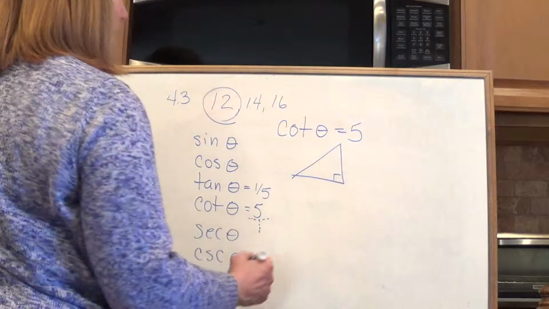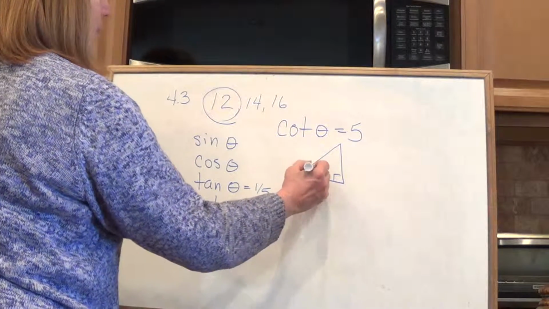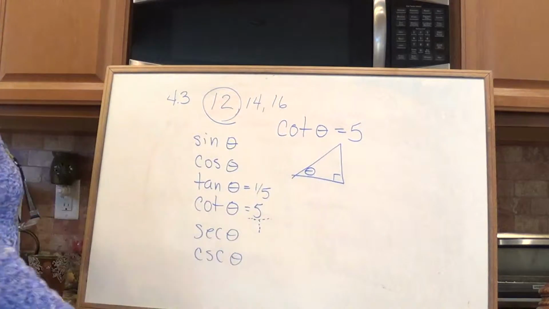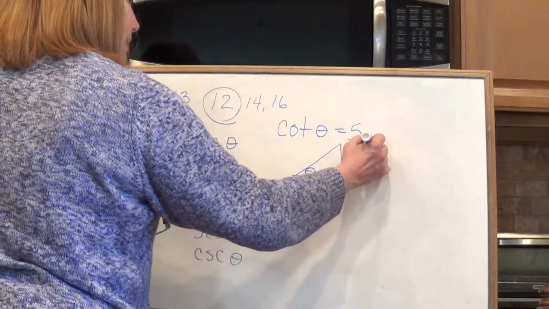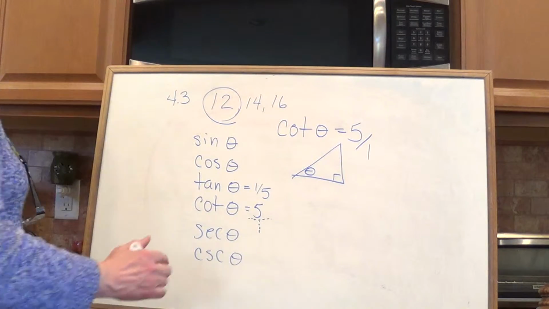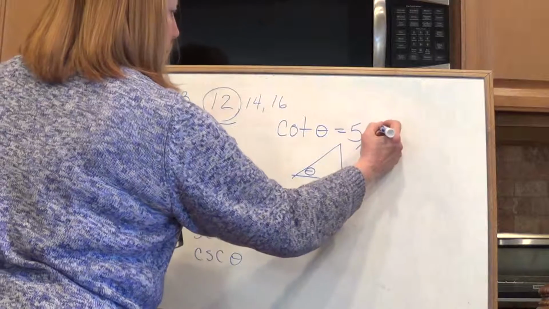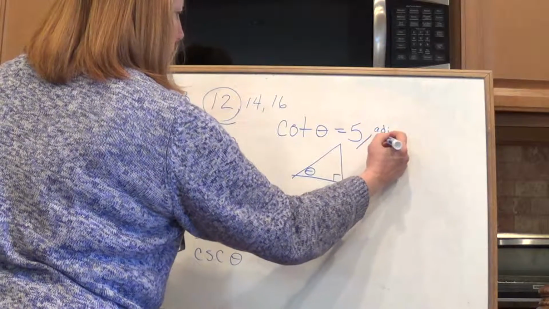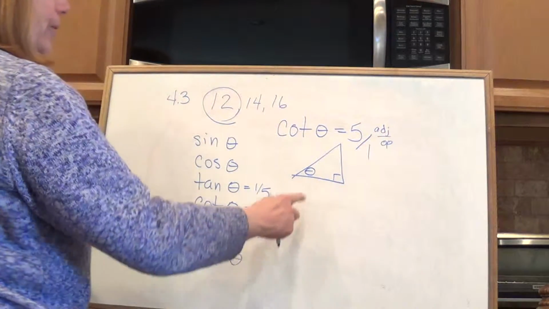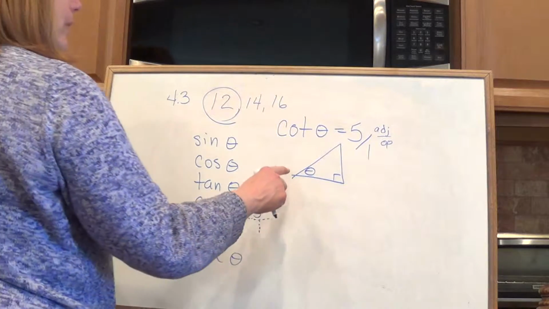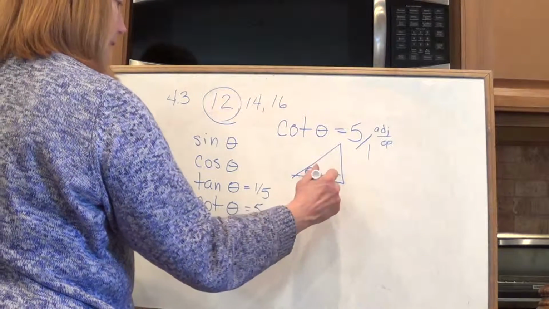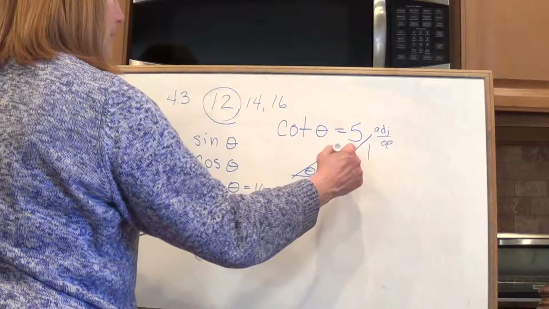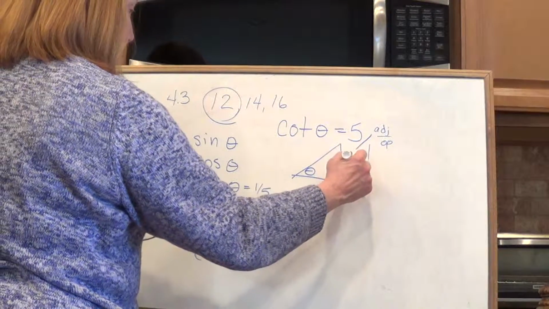We drew the right triangle. Here's the angle that they mentioned, theta, and this again implies 5/1. Well, cotangent is adjacent over opposite, so we can assign those parts to this triangle. The adjacent is 5, and the opposite is 1.